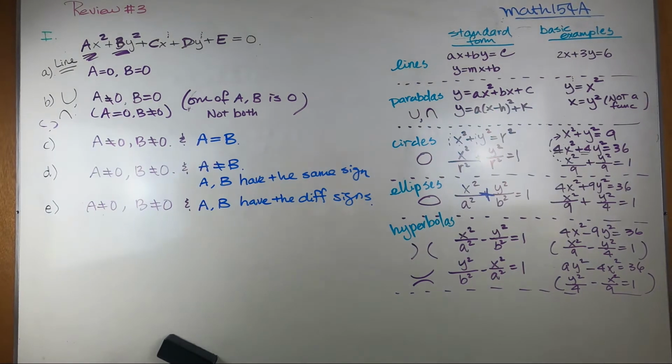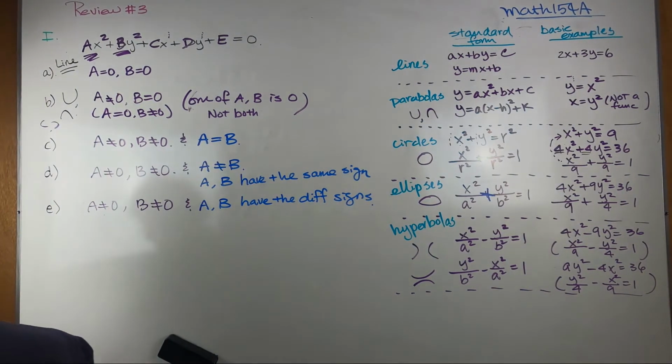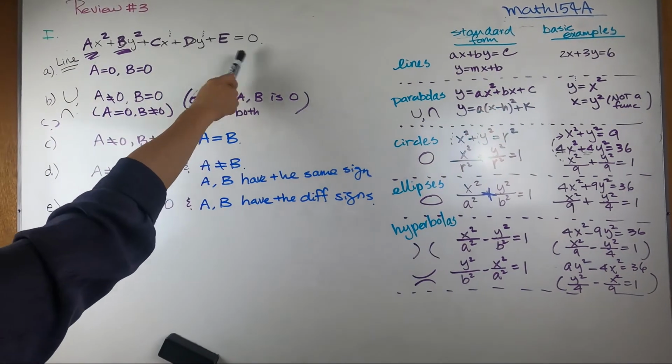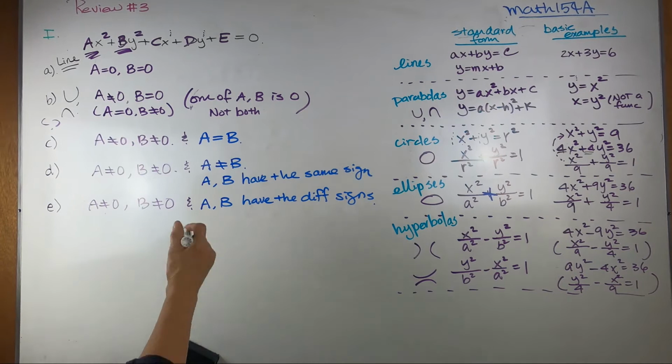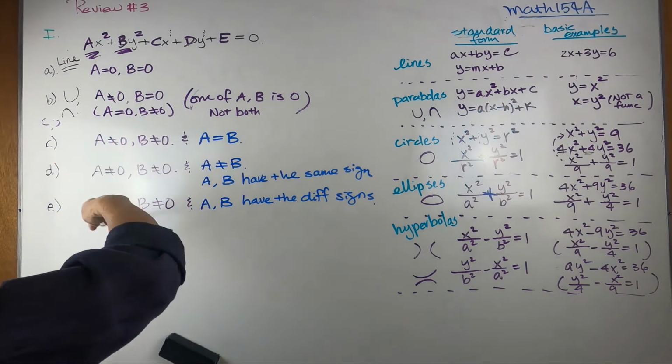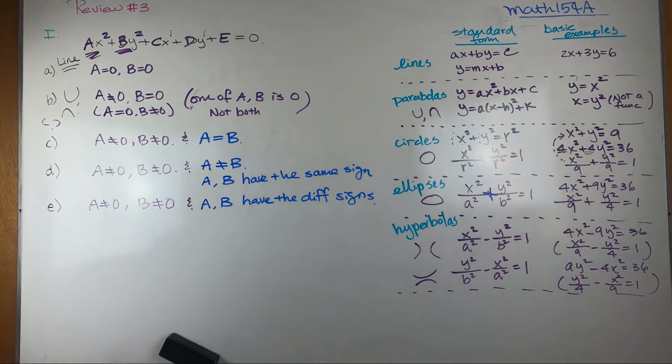Okay, so that's the condition and the situation. We say a universal equation with A and B in front of x squared and y squared can determine what kind of shape and curves we are working with.